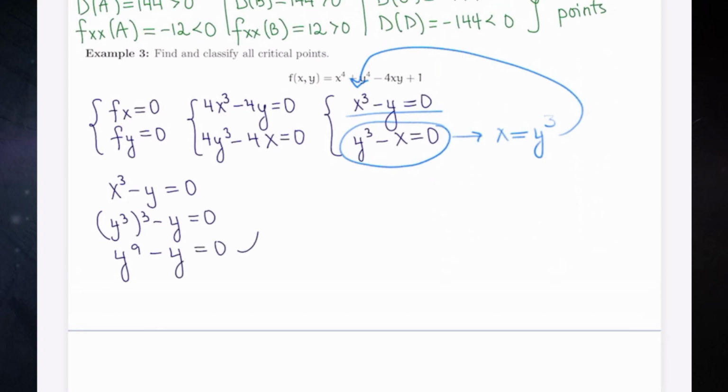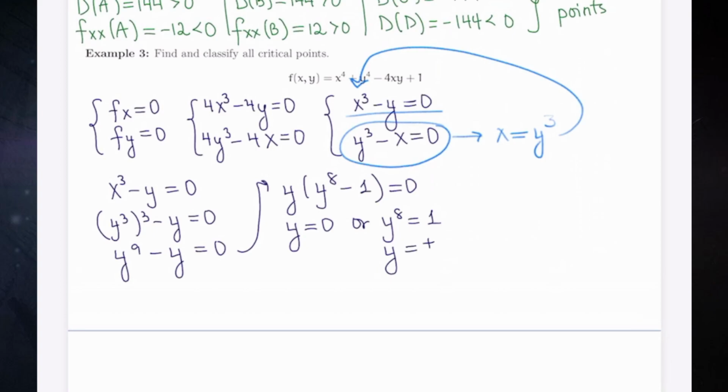Okay. And if I factor y, I'm going to get y to the 8th minus 1 is equal to 0. So it's either y is equal to 0 or y to the 8th is equal to 1, in which case we have y is equal to plus or minus 1.